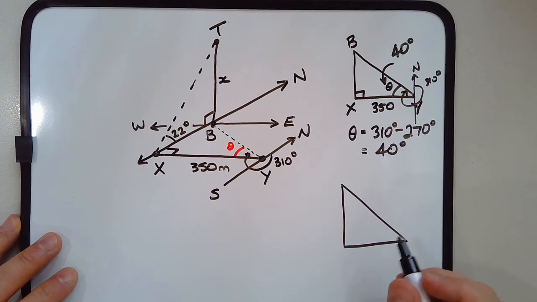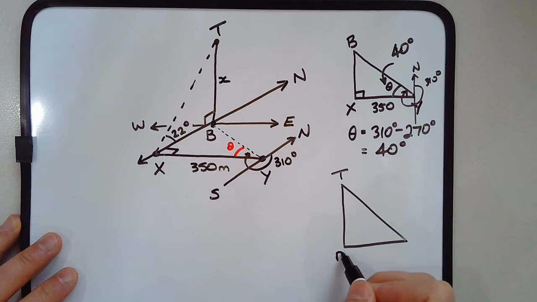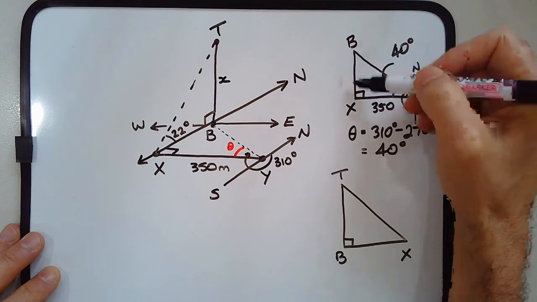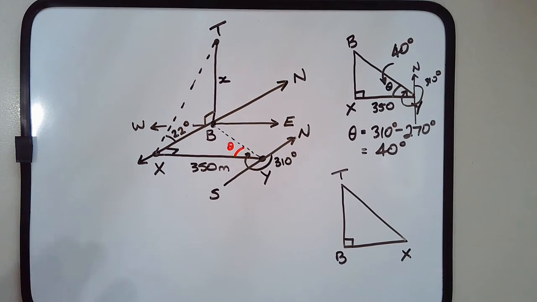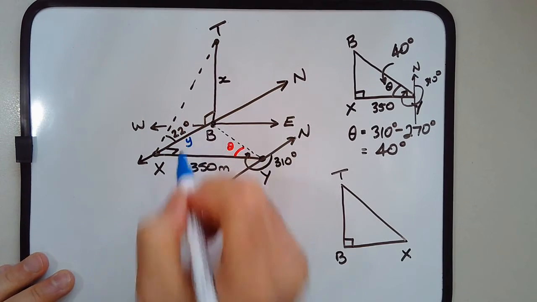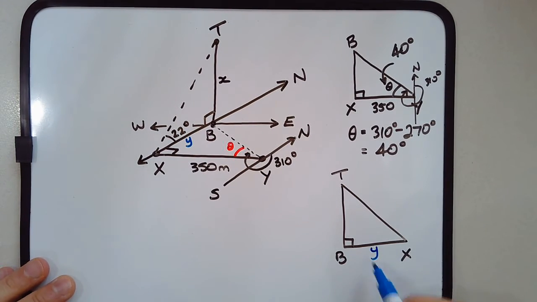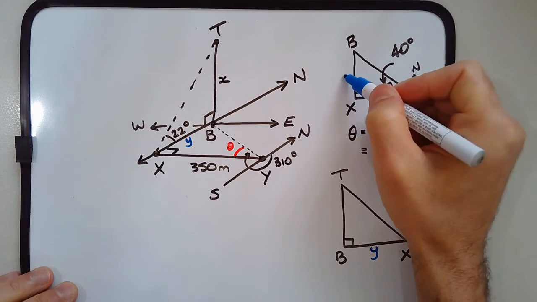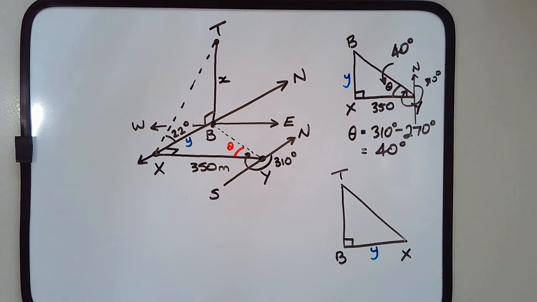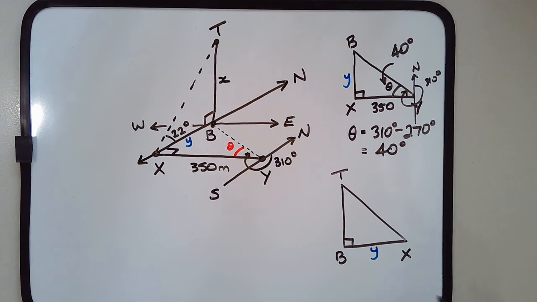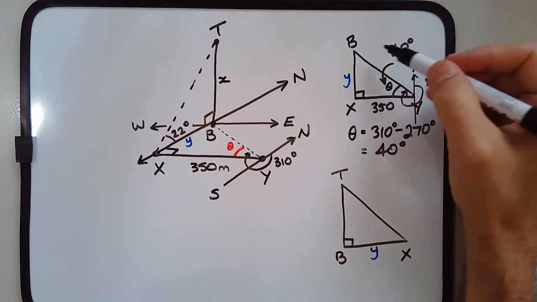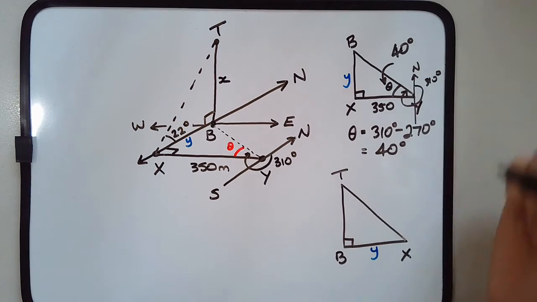There's T, top of the tower, there's B, and there's X. So this BX here, let's give it another pronumeral, let's call it y. It's the same as this pronumeral there and this one here. They're all the same side, BX. Let's see if we can now use triangle BXY to find y.